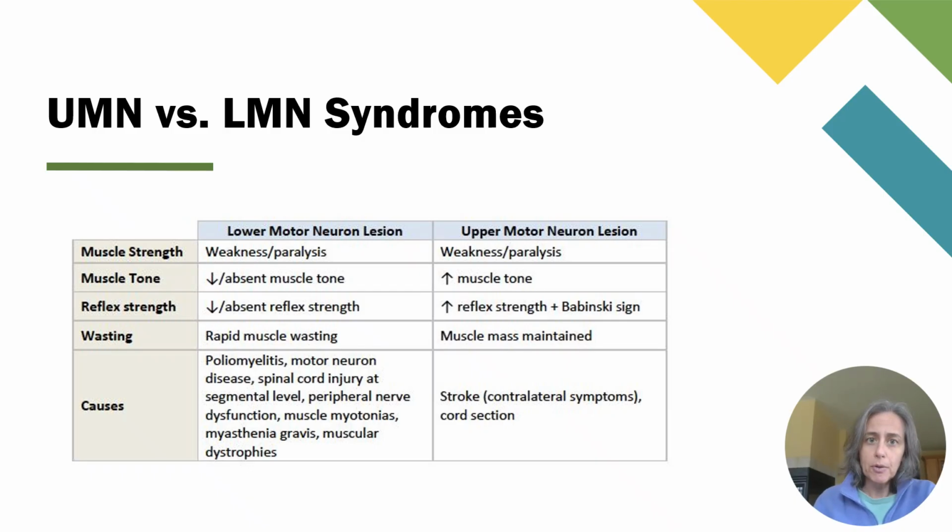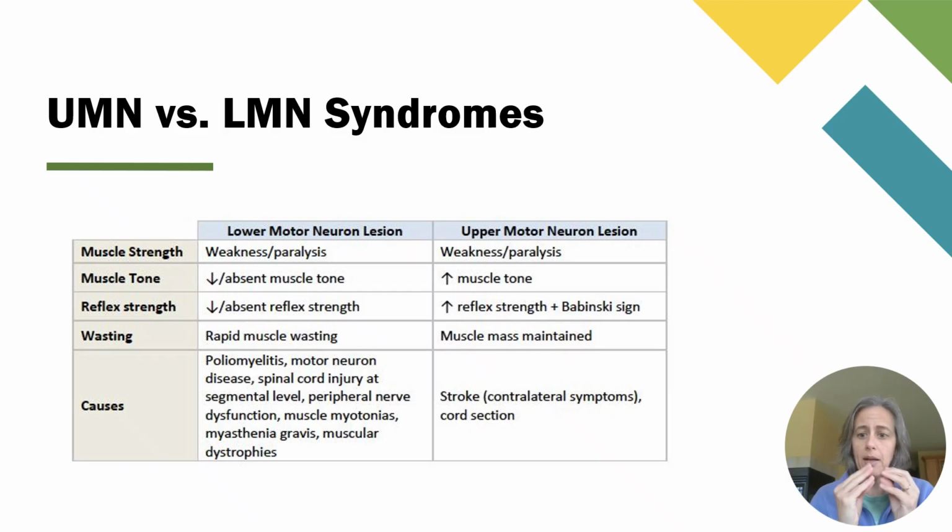In a lower motor neuron problem, we see the opposite. We see obviously weakness or paralysis. You're going to see that in both of them, but we're going to see decreased muscle tone. So instead of being stiff, the muscles are really soft and really floppy, like a rag doll. We're also going to see a decrease or absence of reflexes, and the muscles are going to waste away.